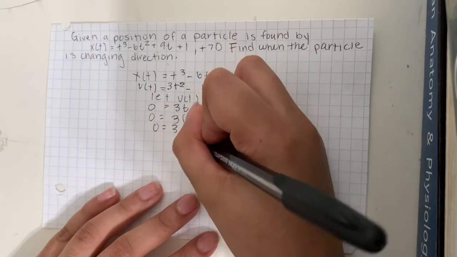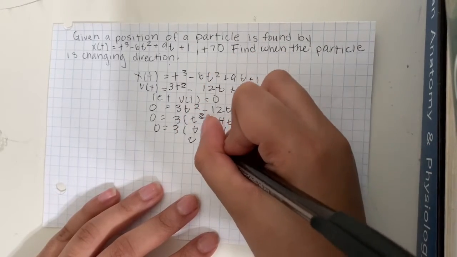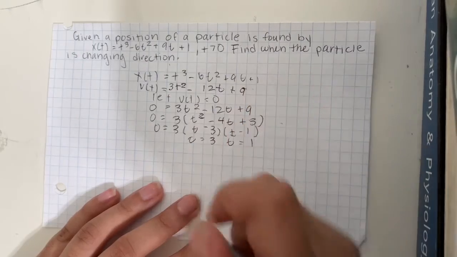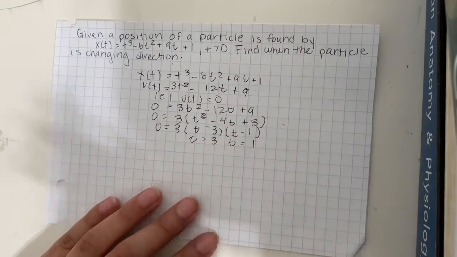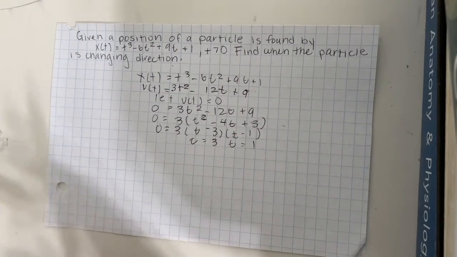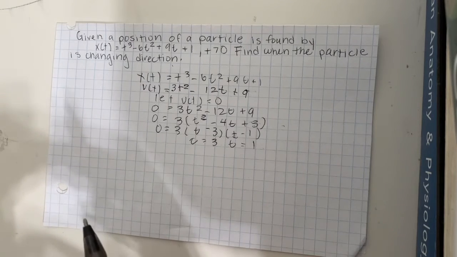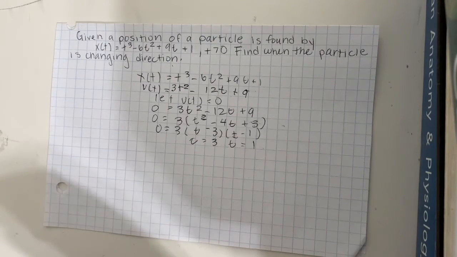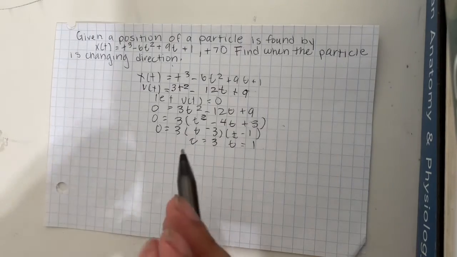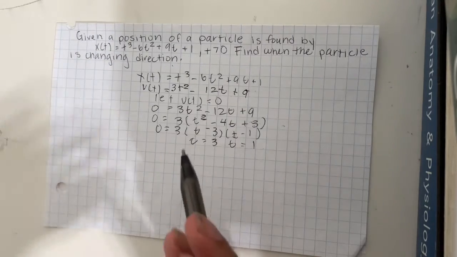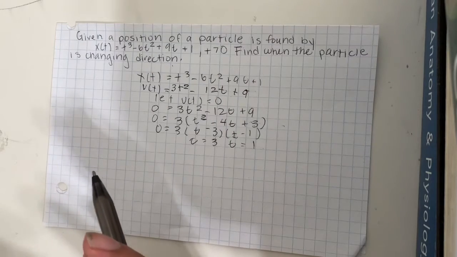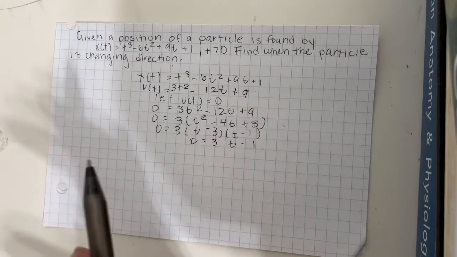So when t is equal to 3 and when t is equal to 1 is when our velocity is equal to 0. So what we also have to check is the acceleration, because if there's nothing changing the velocity at a certain point, if the acceleration is equal to 0, then how could it be changing directions if there's nothing propelling it in that direction?